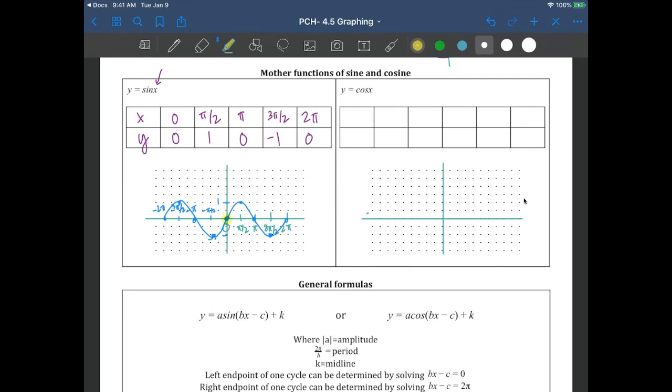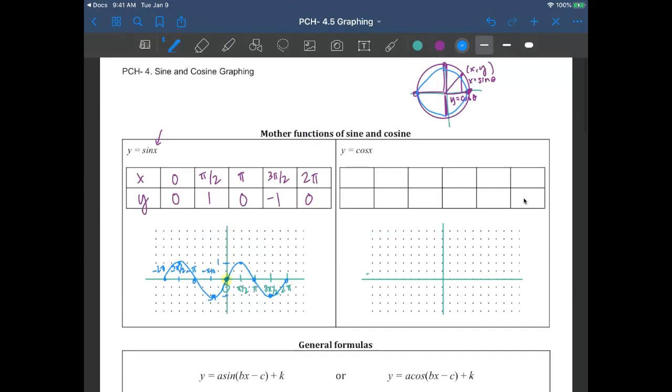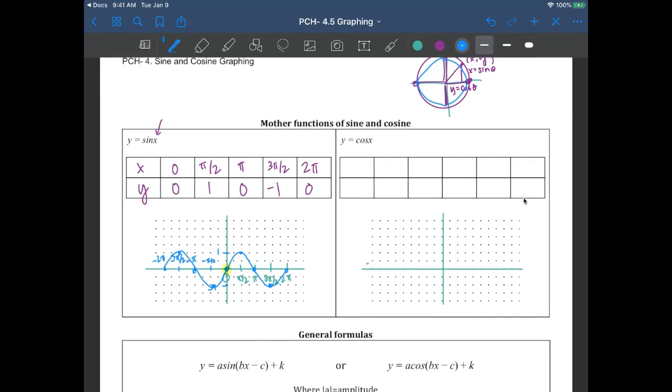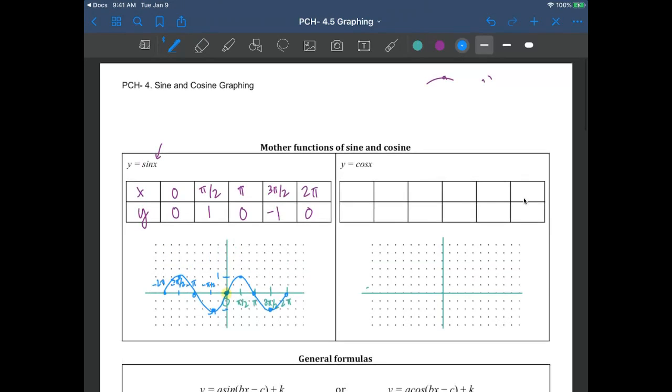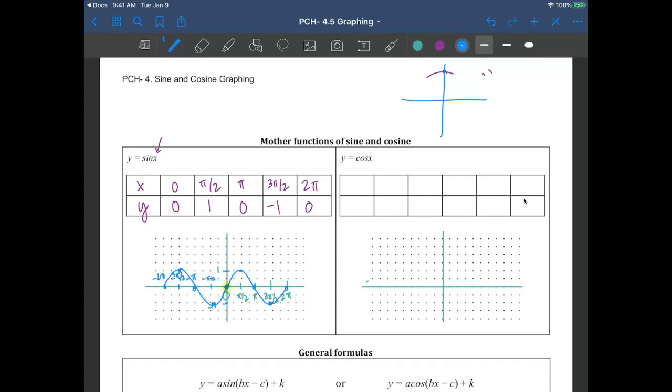Okay? Cosine is the horizontal distance. So that's our x values. If I have my circle from the center at 0, my radius is 1, so I'm 1 unit from center.